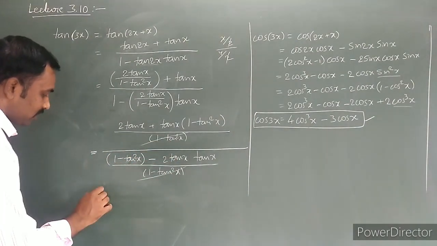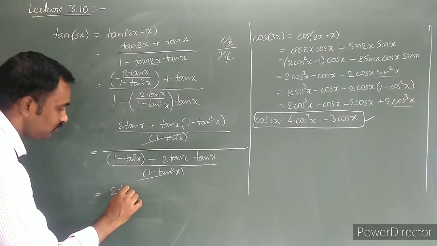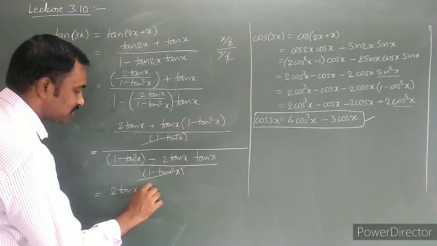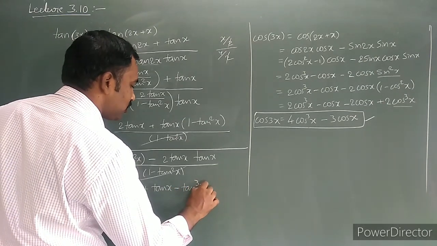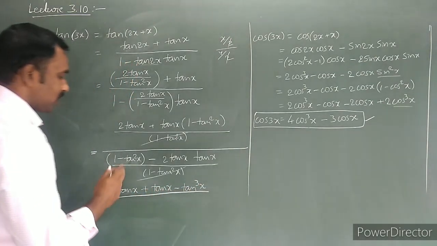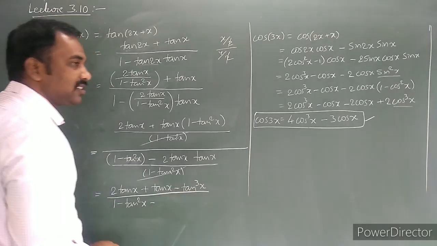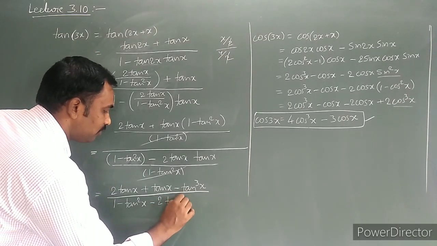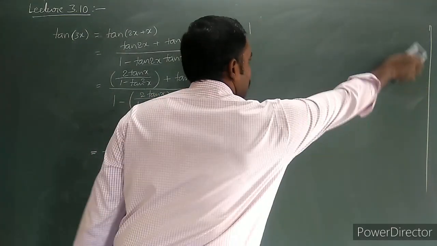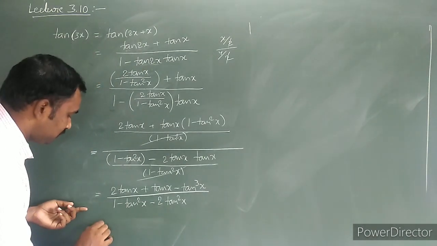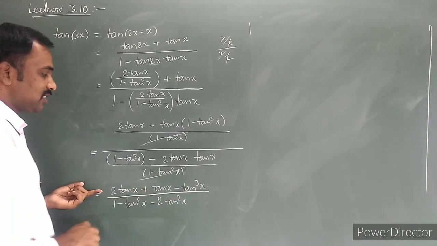Next, multiply. We get 2 tan x plus tan x into this bracket, which is tan x into 1 minus tan square x, giving tan x minus tan cube x, whole thing divided by 1 minus tan square x minus 2 tan x into tan x, that is 2 tan square x.